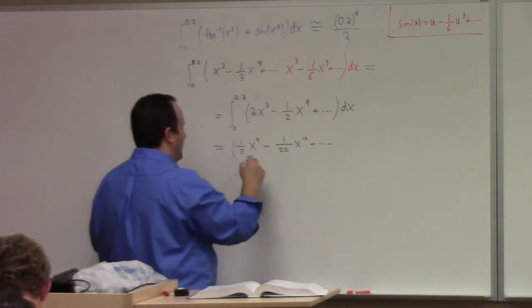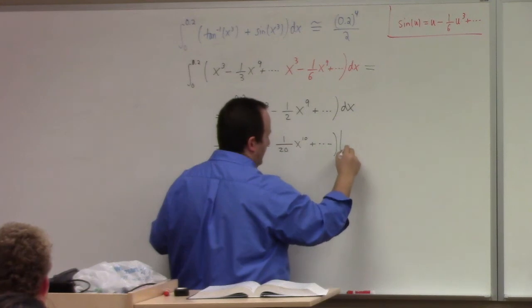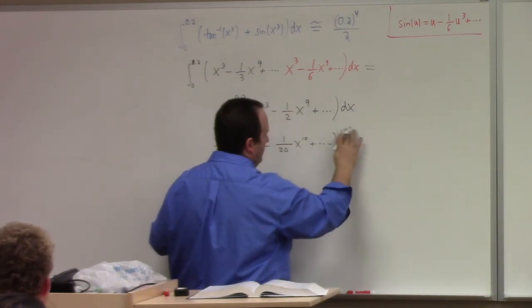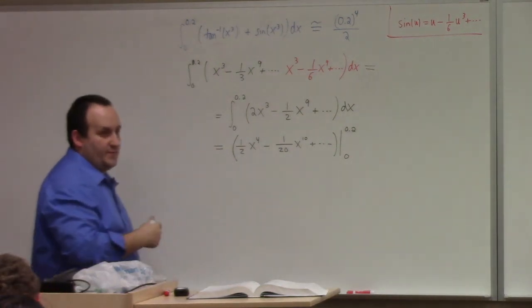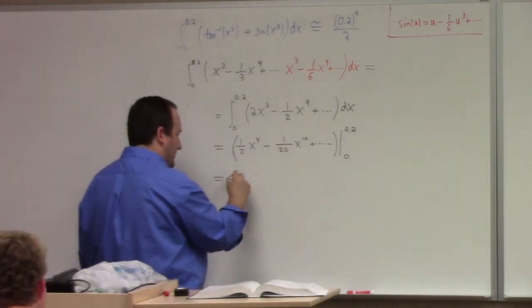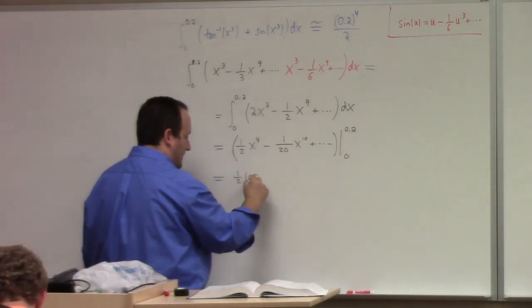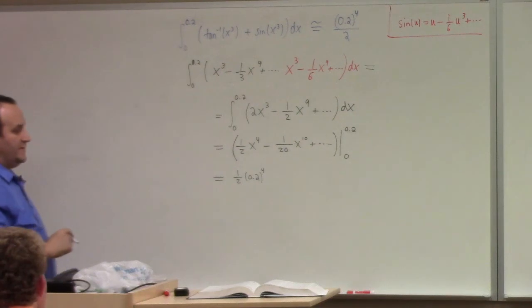Now, I love this problem relative to some of your homework because this is alternating, which means we have the alternating series estimation theorem. Woo! The first term in this alternating series is what? It's actually 1/2 0.2 to the 4th. Aha, the mysterious 0.2 to the 4th over 2 has appeared.